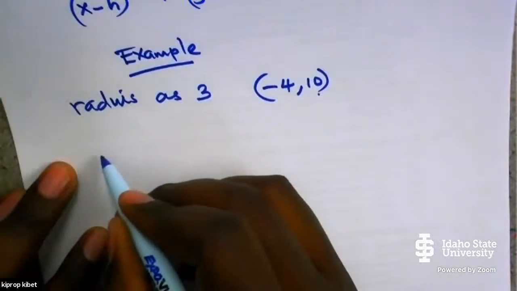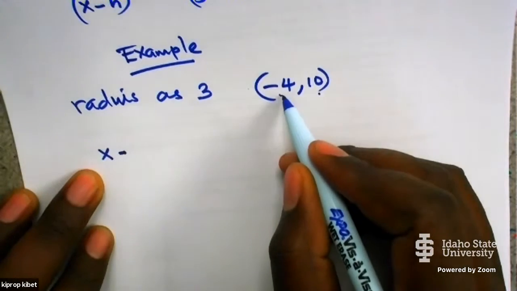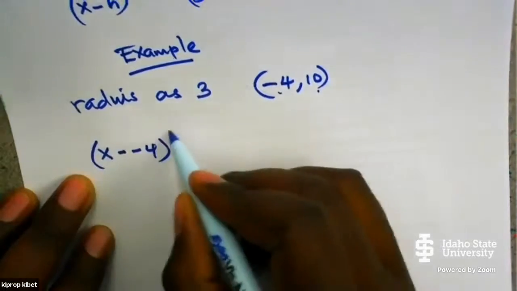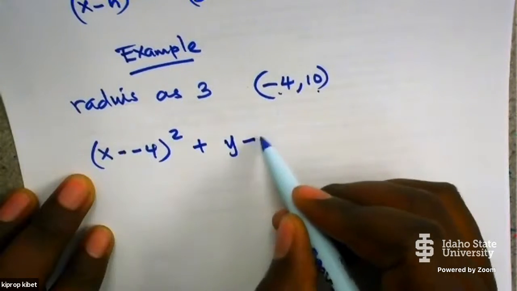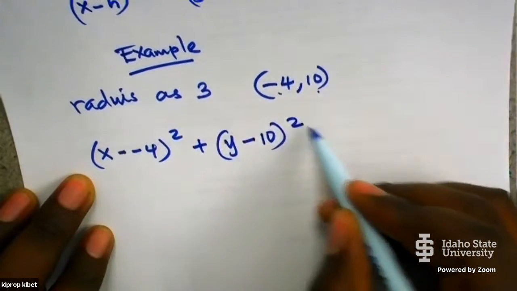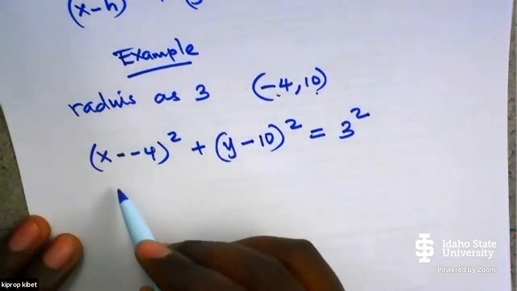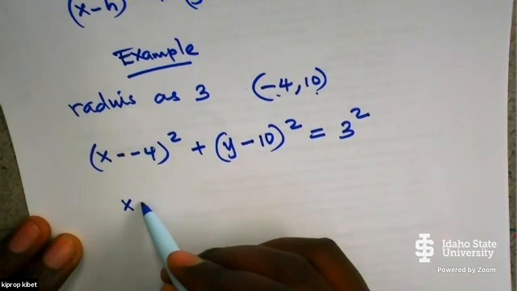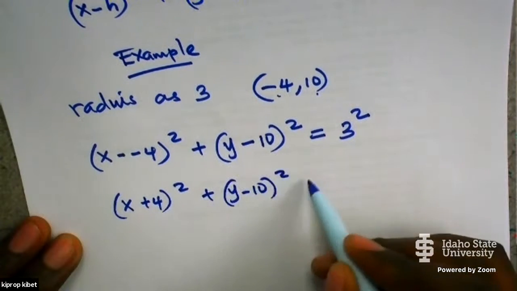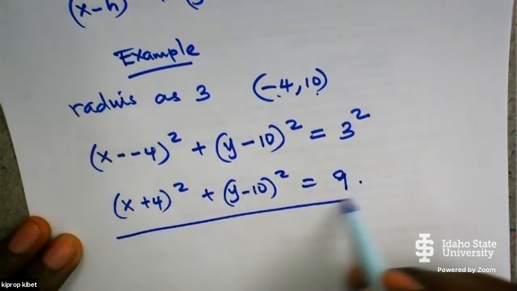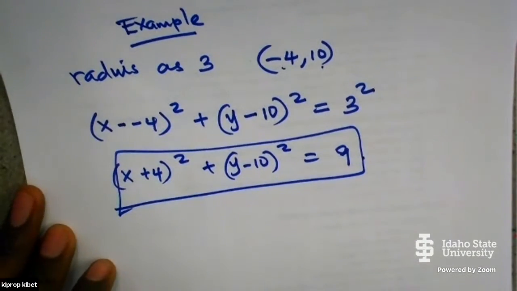So x minus h, which is -4, so minus -4, squared, plus y minus 10, squared, equals r squared, 3 squared. So finally, this one will be (x plus 4) squared plus (y minus 10) squared equals 9. And that is the standard form.